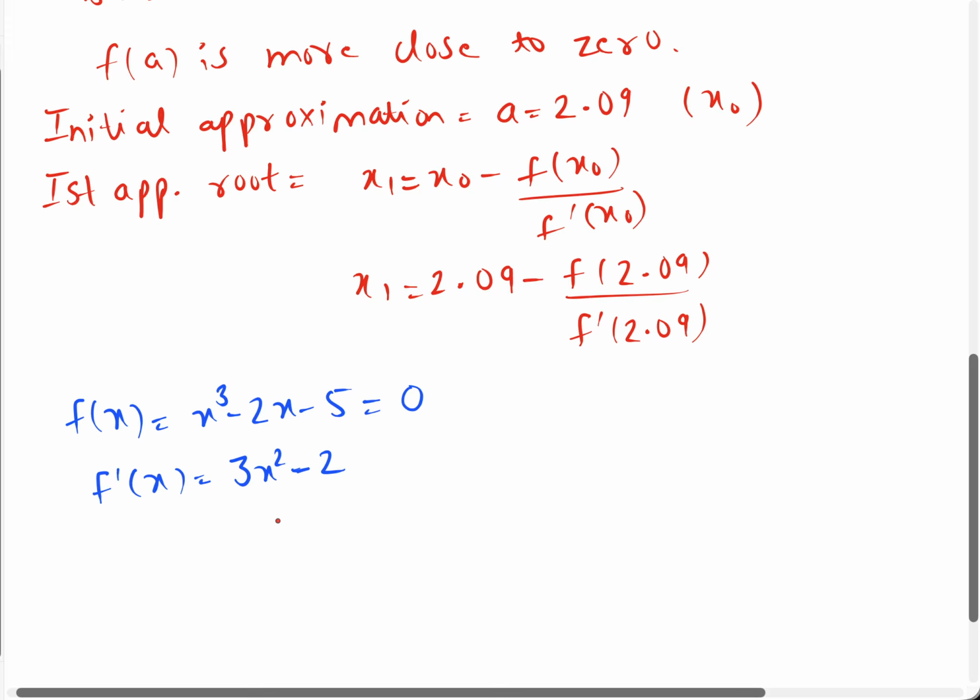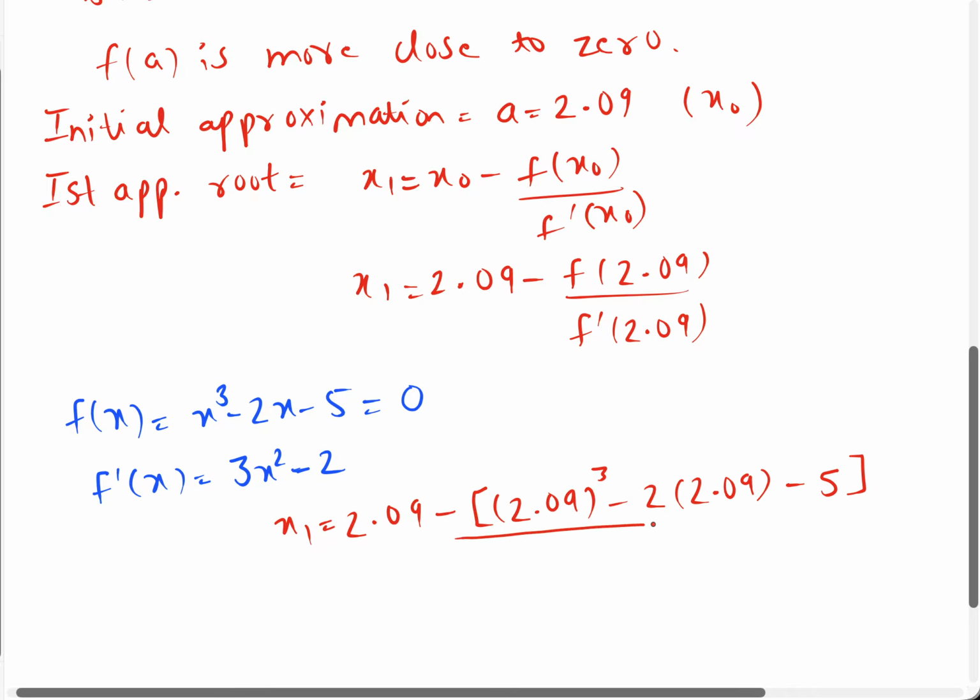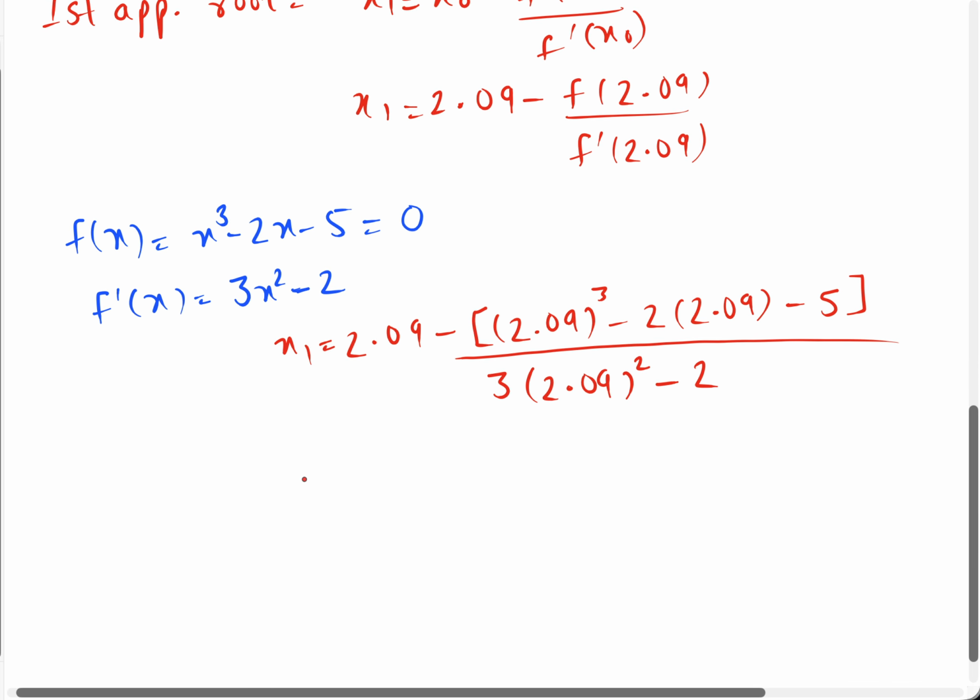So x1 was 2.09 minus 2.09 cubed minus 2 times 2.09 minus 5 upon f dash x, which means 3 times 2.09 squared minus 2. Now we need to solve this.